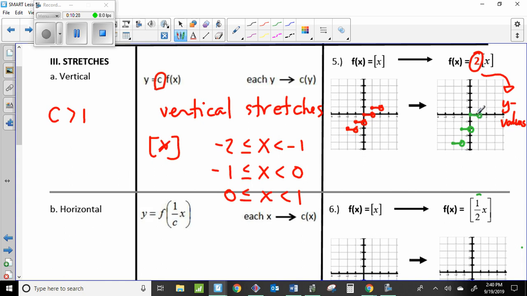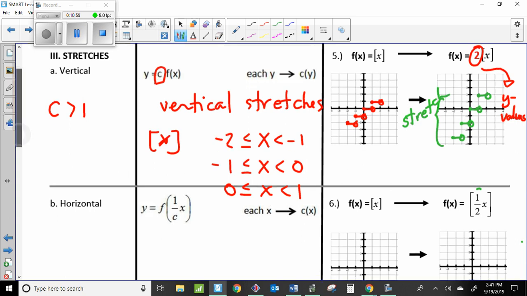And now the y value for x's from 1 to 2 will now be at 2. So you will see that your y values are multiplied by 2. There is a vertical stretch on your y values. So that's the effect of multiplying c, greater than 1, outside of your function.